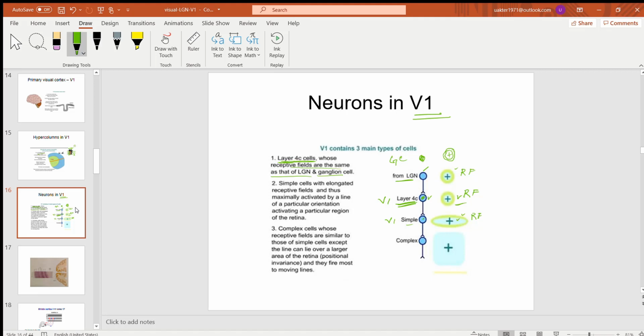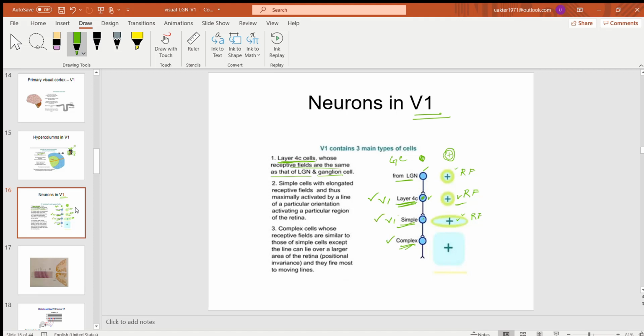Now, several simple cells of V1 converge on a complex cell. So these are the later cells of the V1. These are the earlier, these are intermediate, and late or later cells.